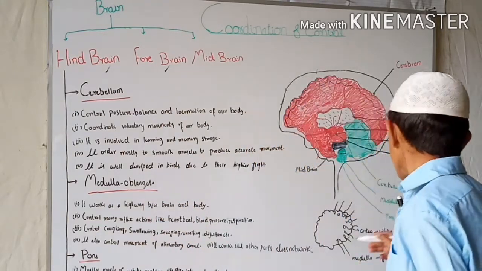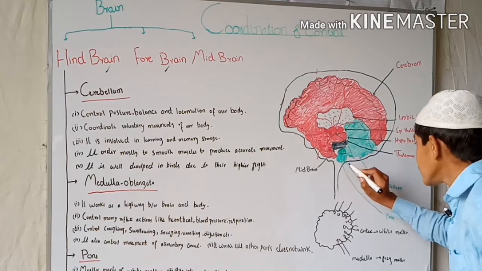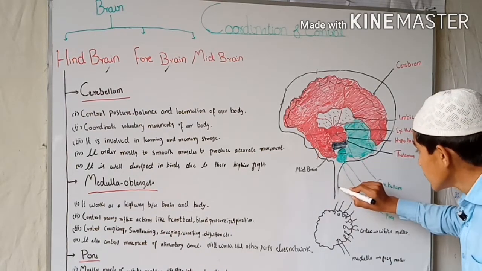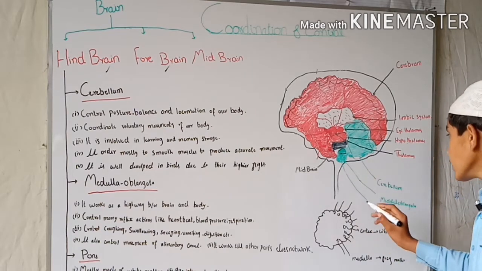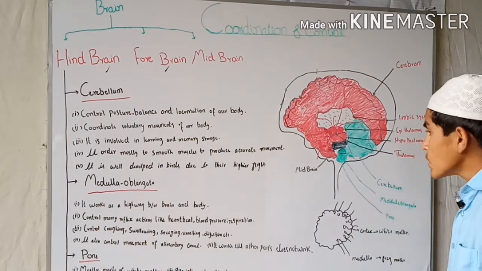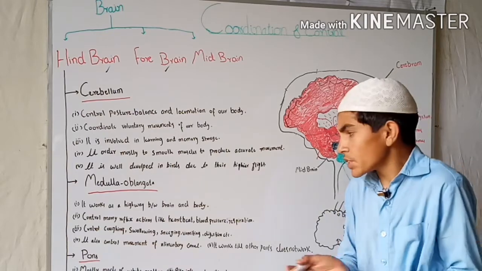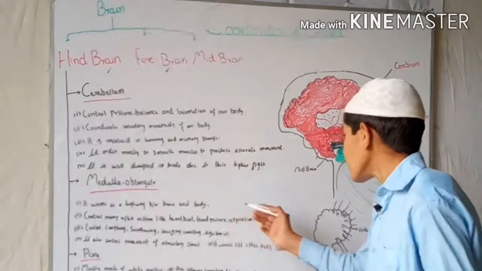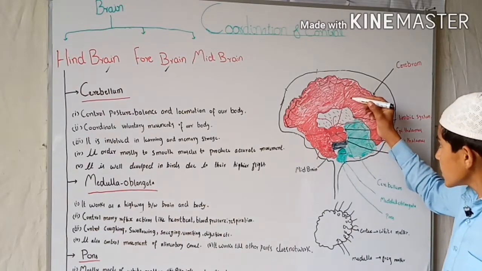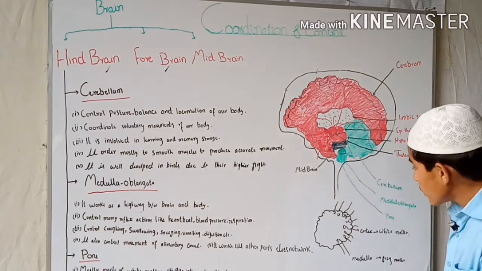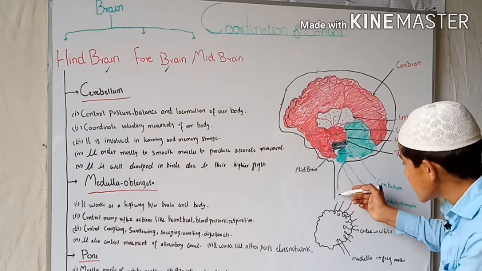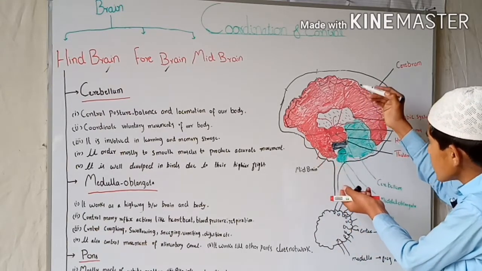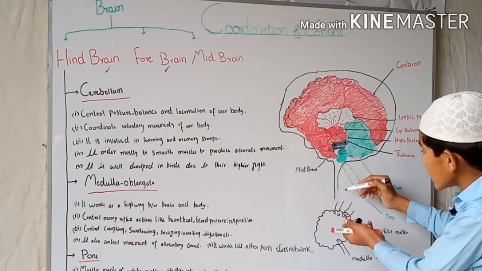So this is the medulla oblongata. It is on the border of the brain and the spinal cord. It controls some involuntary actions and works as a highway between the brain and body. The impulse comes from the lower body, from the spinal cord side to the brain, and then the impulse comes from the brain toward the spinal cord.